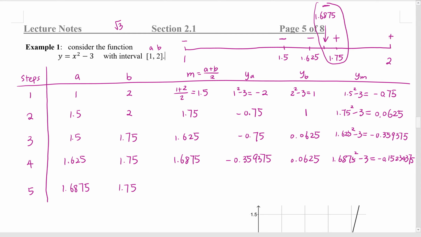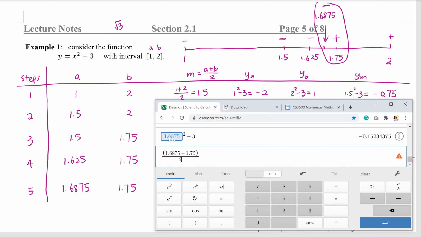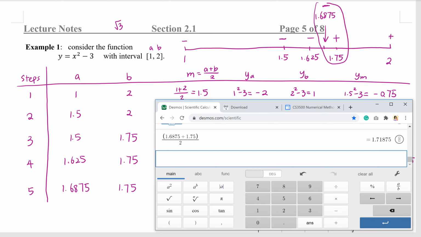And then the midpoint: we use 1.6875 plus 1.75, divided by 2. That is 1.71875.